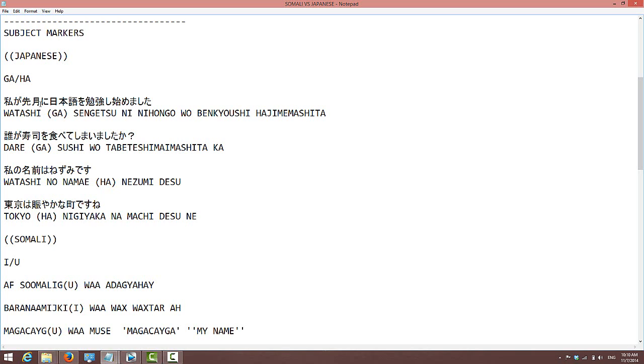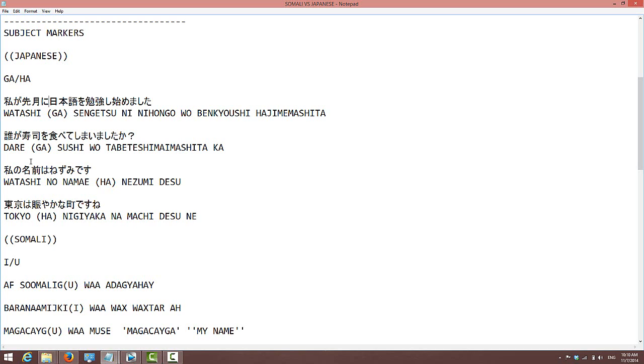私が先月に日本語を勉強し始めました。So, 私 is I, the subject. Like I said, when you have a subject, you have to have wa or ga here. It is really hard to explain these two, but let me continue.